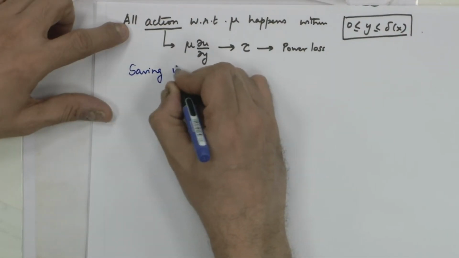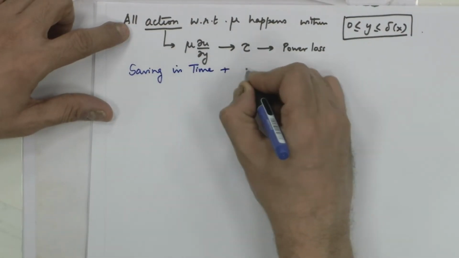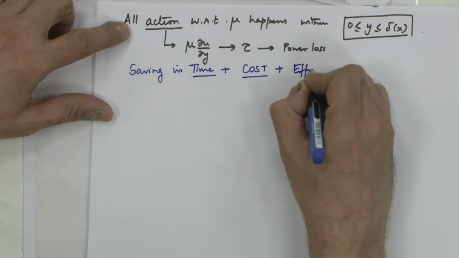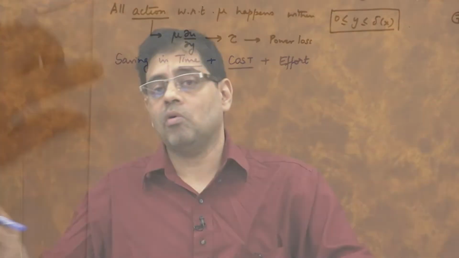I do not have to worry about the region beyond y equal to delta, and therefore I have savings in computational time, plus cost, plus effort, and chances of mistakes are higher if you deal with a huge region where all the activities are important. So, this is the idea behind the concept of a boundary layer.